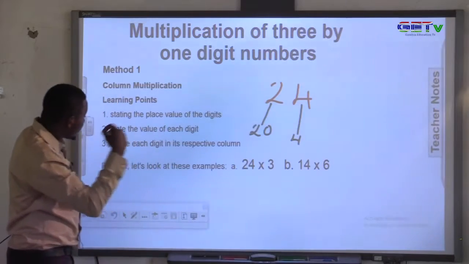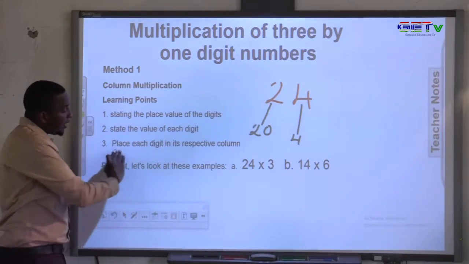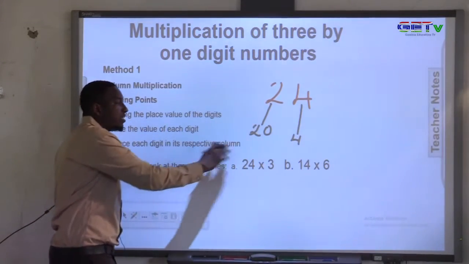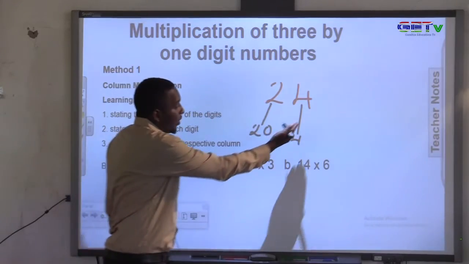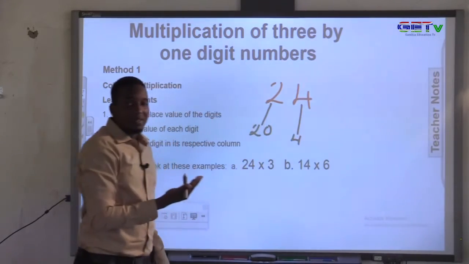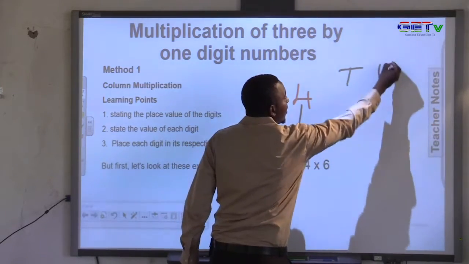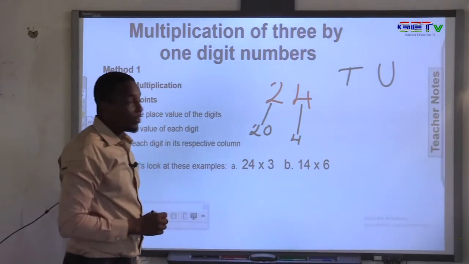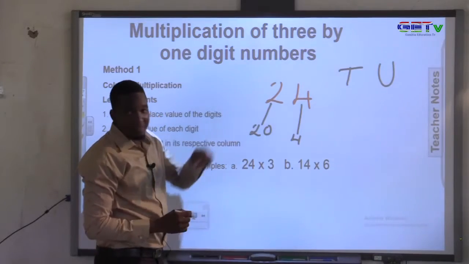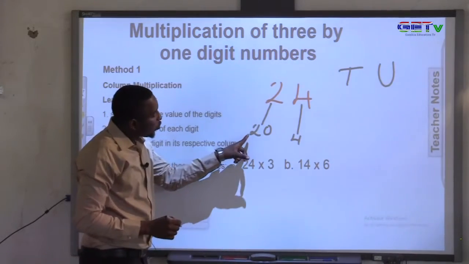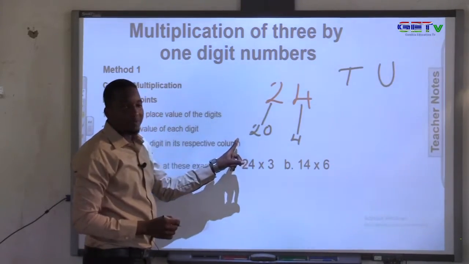That will take us to the third point, saying place each digit in its respective column. Well, since we are dealing with 2-digit numbers, we are going to have the tens and the units. So to put them in their respective place value, we look at 20 as the value of 2.